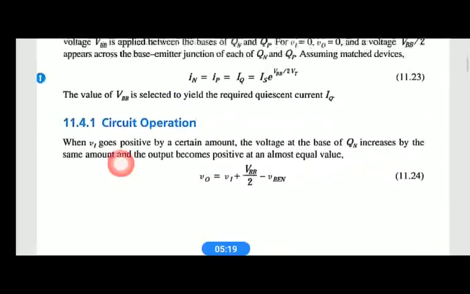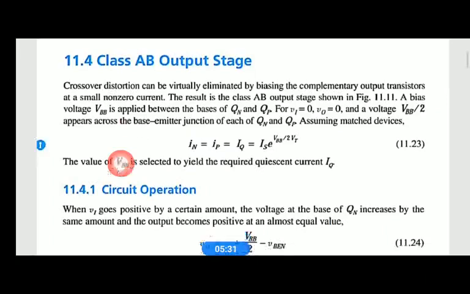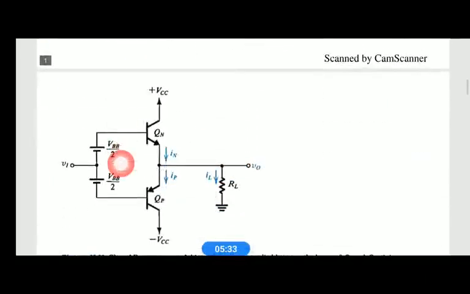So this class AB amplifier circuit, you can see, uses two transistors QN and QP and uses VBB by 2 for biasing. When there is 0 volt applied here, when Vi is 0, then VBB by 2 keeps the transistor QN operating, and minus VBB by 2 keeps the transistor QP operating.